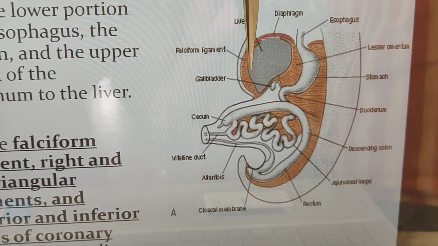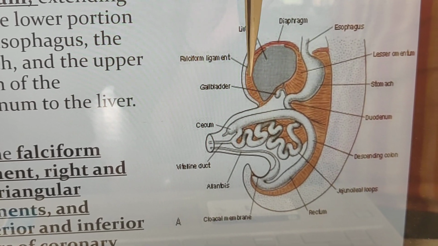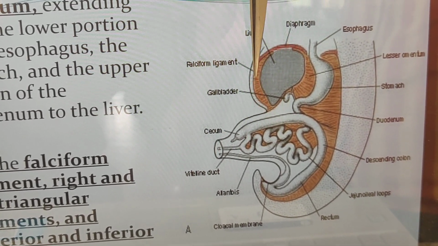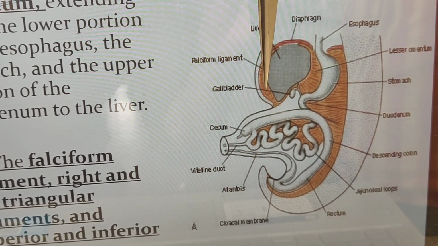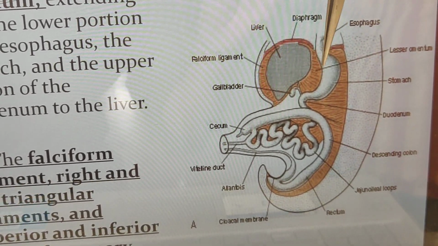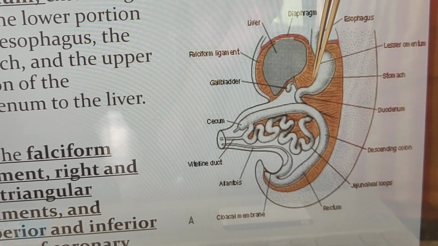The anterior part gives the falciform ligament, the superior and inferior coronary ligaments, and the left and right triangular ligaments, and the dorsal part of the ventral mesogastrium makes the lesser omentum.